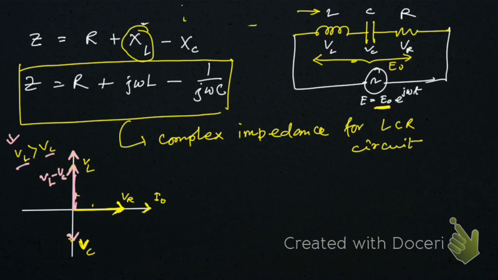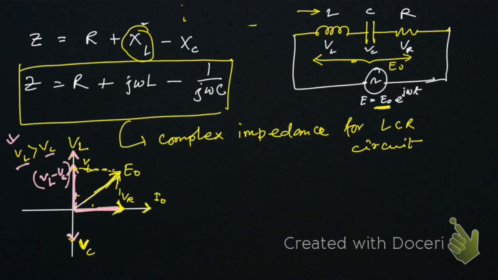Now what will be the resultant of VL minus VC and VR? That will be E naught. So here is E naught.